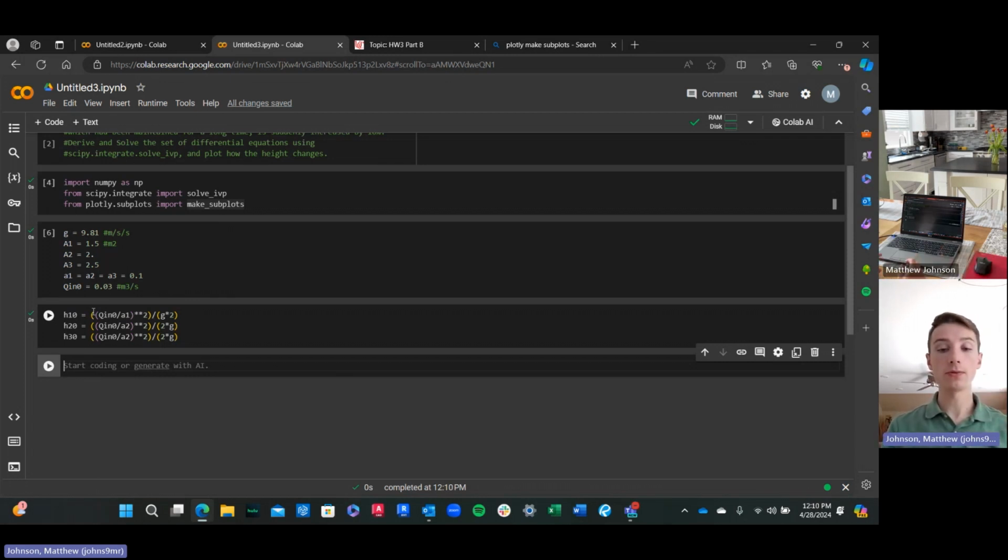And now we have to tell the program here that we want to change the initial flow. And that's how we're going to get the new heights. Okay, so now we need to define our set point for the height of tank 3.